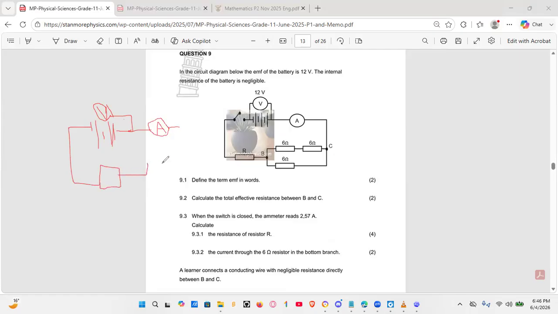Do we have another resistor? So that means we have a series circuit. So it means the current will be the same. Do you agree with that? Yes, the current will be the same in a series circuit. So simplifying your circuit does help because now we can make deductions. The current will be the same. That's R, and that's 4 ohms.